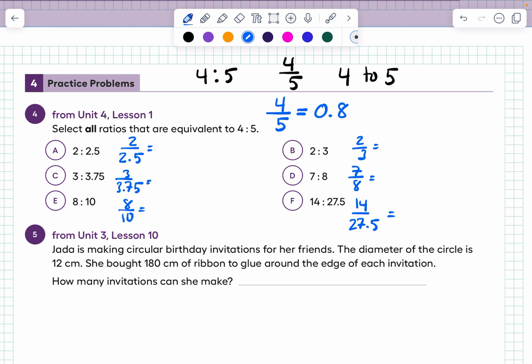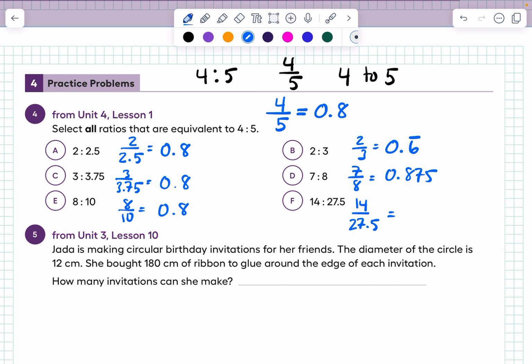So if you divide 2 divided by 2.5, you get 0.8. And 3 divided by 3.75 is 0.8. And 8 divided by 10 is also 0.8. 2 divided by 3 is 0.6 repeating. 7 divided by 8 is 0.875.